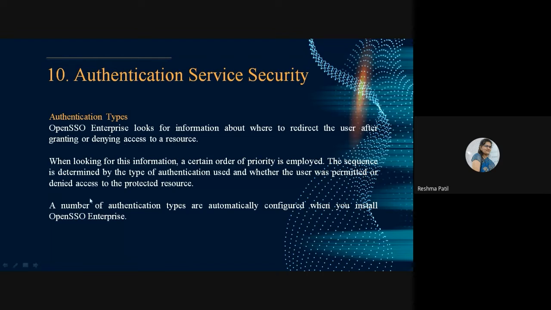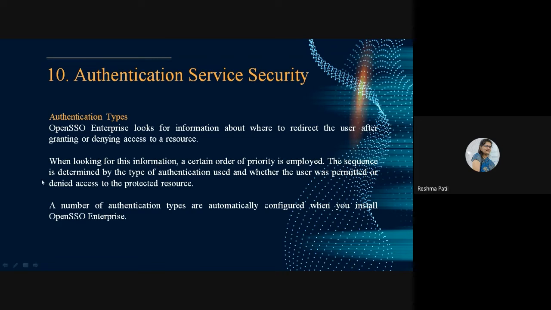The sequence is determined by the type of authentication used. Various authentication types are used here. On the basis of which authentication type is used, OpenSSO Enterprise will redirect that user for that particular information.